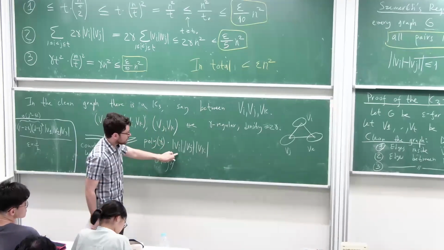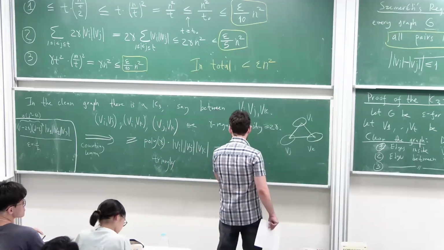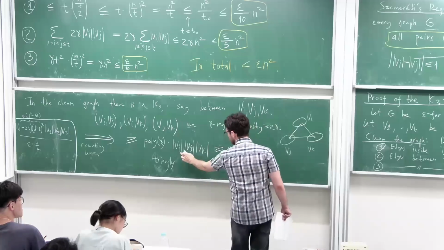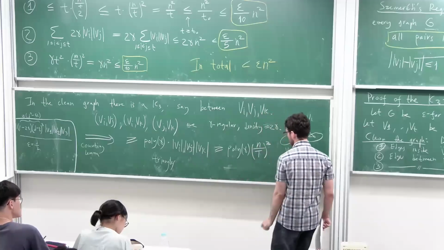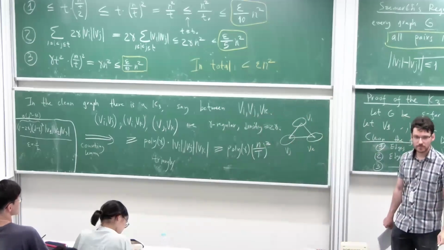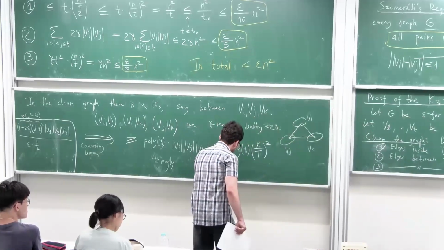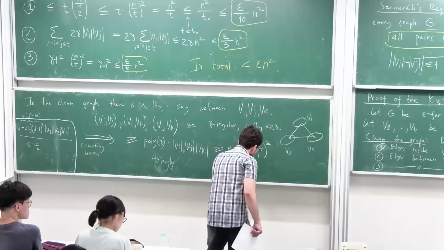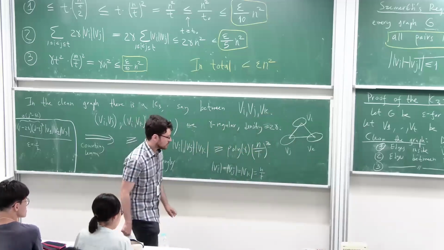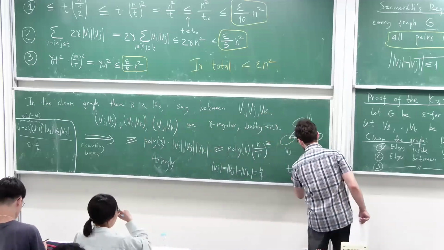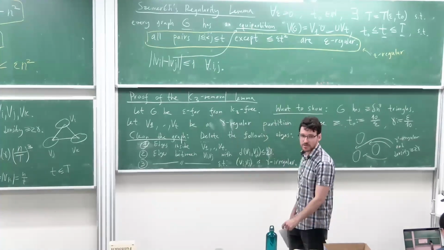And now the final step will be to say that each of these quantities, the sizes of the sets VI, VJ, VK, is at least n over t. So I get n over t. Right, so the sizes of the sets are n over little t, the number of parts, but we know that the number of parts t is at most capital T. The capital T we get from the third lemma.